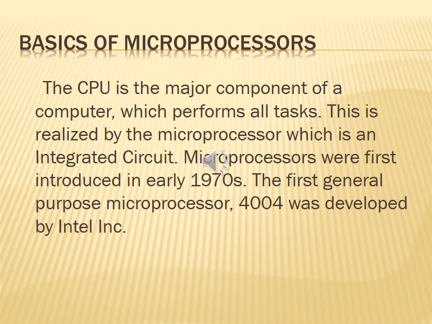What is the CPU? Central processing unit. It's the brain of the computer. Why is it called the brain of the computer? Because it performs all types of calculations and it stores the data. Also, without the CPU there is no computer system at all.